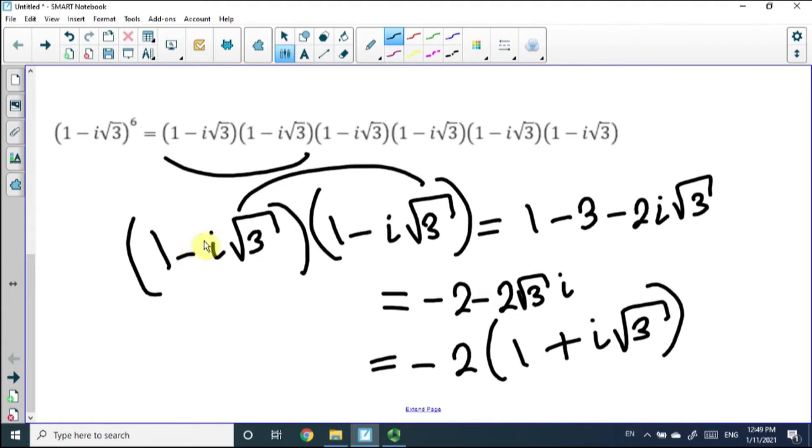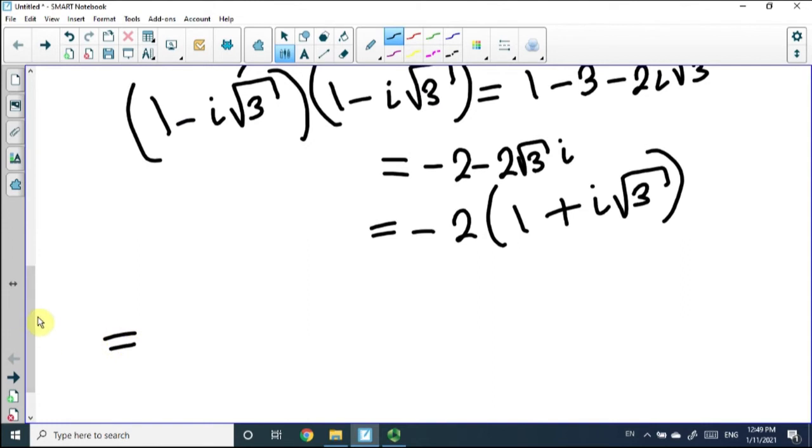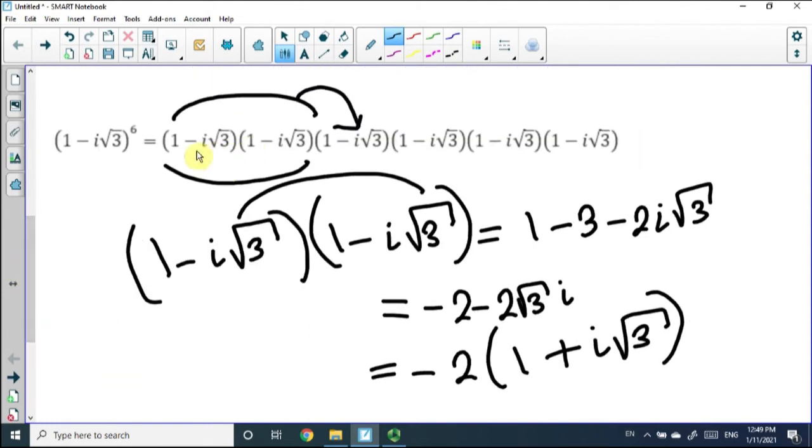We can use it. When I multiply those two by another one, I'm going to simplify the answer because I'm multiplying this number by its complex conjugate. So now I can do this calculation easily. For the first two, I already have the answer.